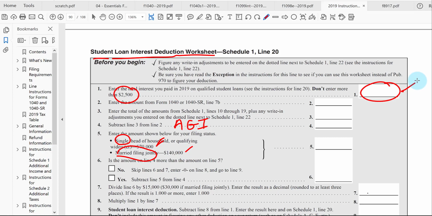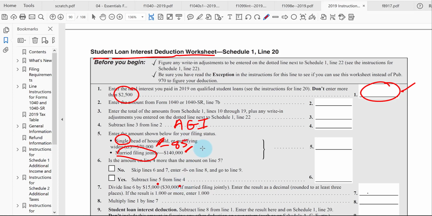Now, if your AGI exceeds 70,000 and exceeds 140,000, then maybe the interest in line 1 will start to phase out. In the case of single, here you can see 15,000. So that means if you go up another 15,000 to 85,000, if you're single and your AGI is over 85,000, none of the interest is deductible.